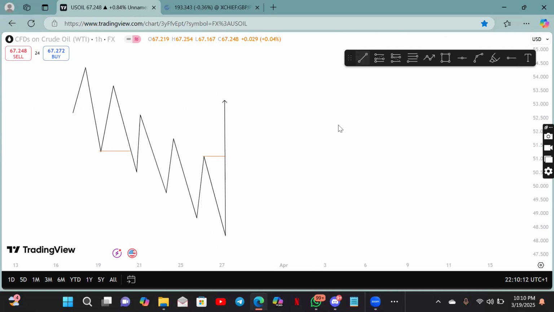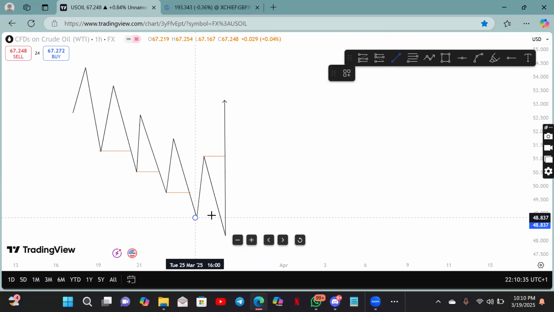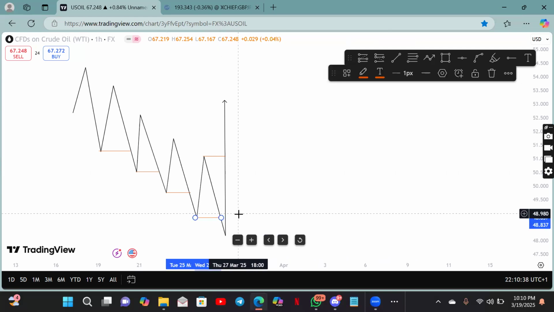It broke structure again, and you are still looking for sell. It broke structure again, you are looking for sell. It broke structure again here, you are looking for sell.